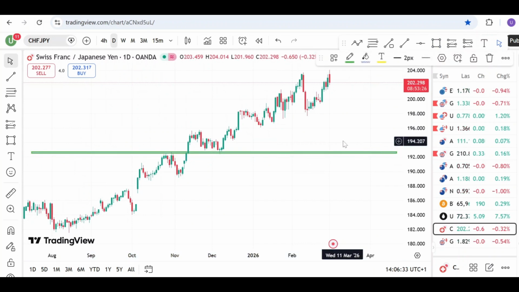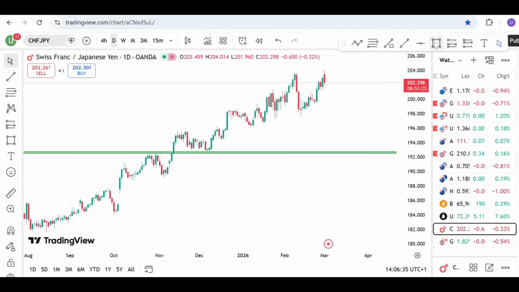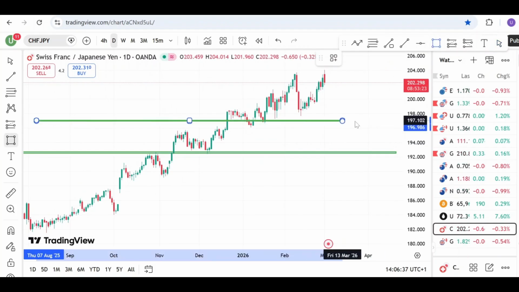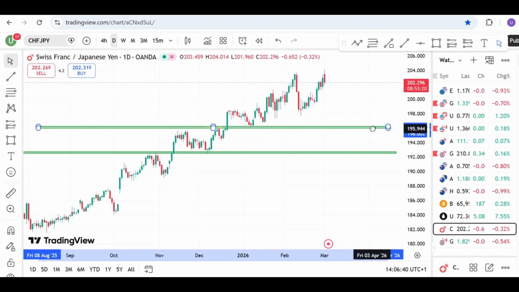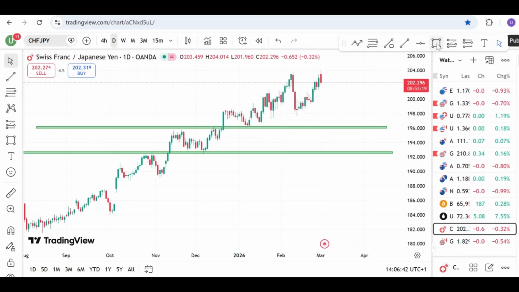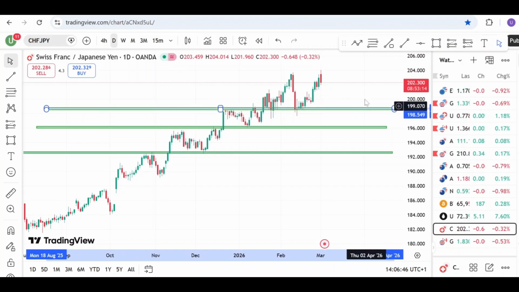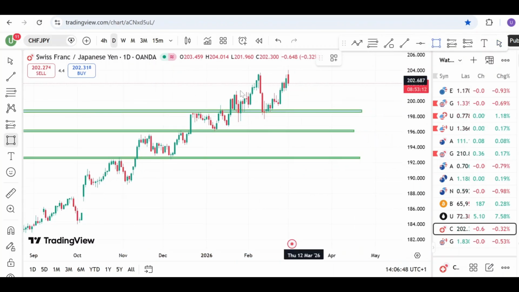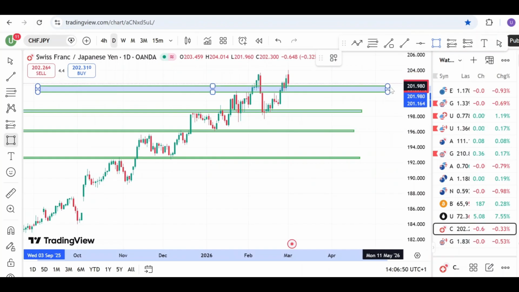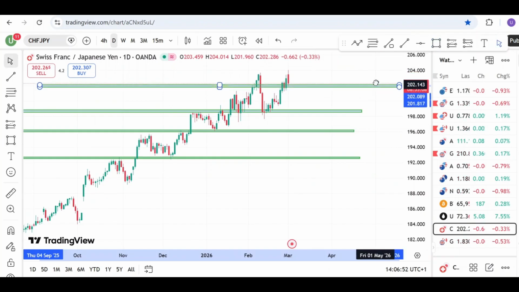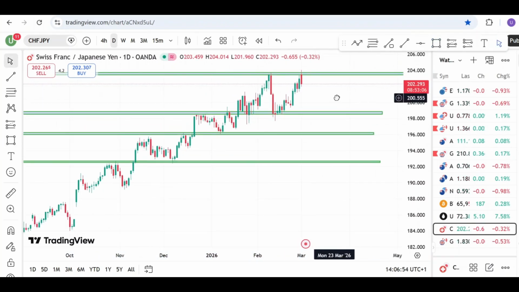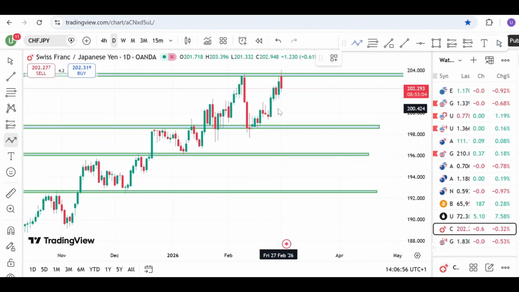Okay, as you see, this is an uptrend chart.